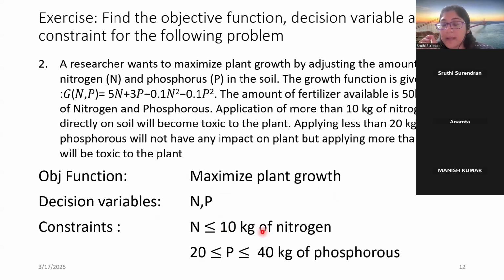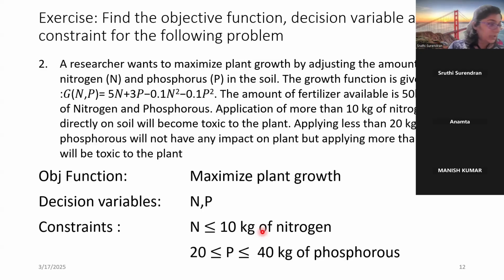So either you can apply 0 or you can apply some amount up to 10 kg. You cannot apply anything more than 10 kg. Whereas in case of phosphorus, there is no point applying less than 20 kg. So it should be either minimum 20 kg or greater than 20 kg, but less than or equal to 40 kg.